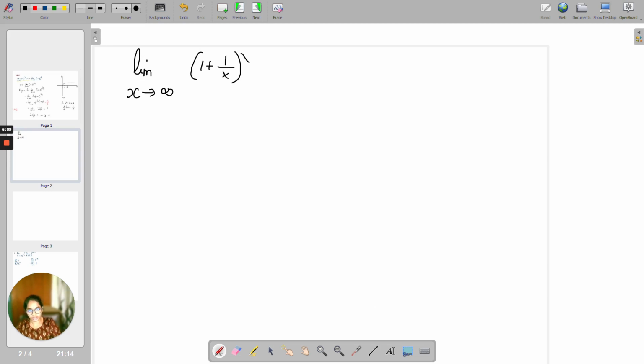Again I'll be taking this as y. I'll apply ln since it is continuous for positive values. I'll take that ln inside. Then what would I get? I can write it as x ln (1 plus 1 divided by x).